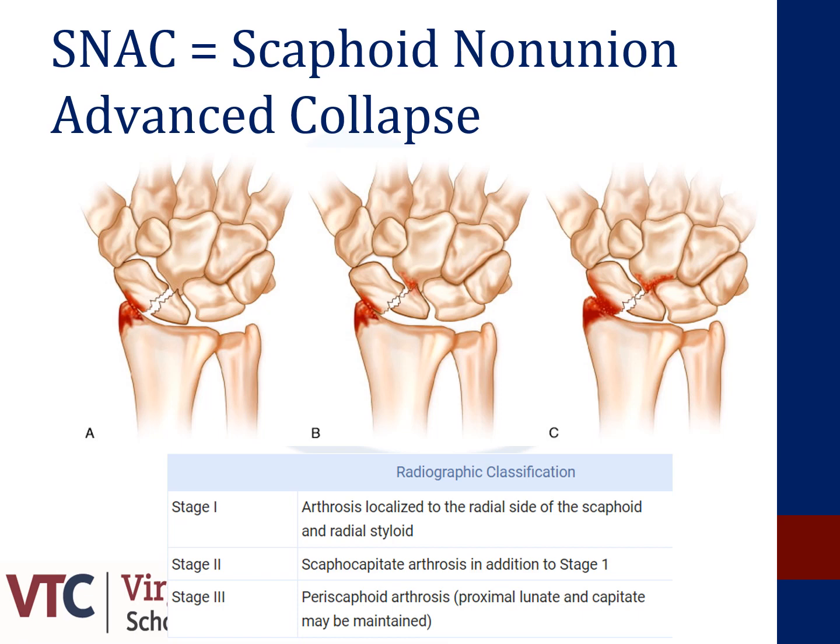Stage 2 includes stage 1 plus involvement of the scaphocapitate, and stage 3 builds upon stage 2 by having periscaphoid arthrosis, which is more diffuse arthritis about. There is occasionally preservation of the proximal lunate and capitate.